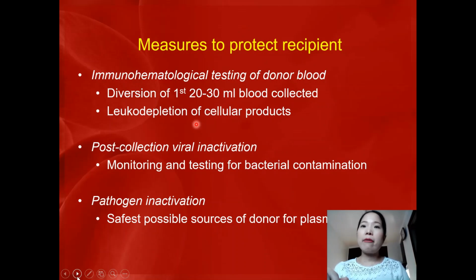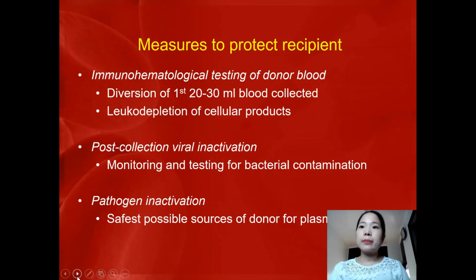And as we have mentioned, you can deplete or leukodeplete the cellular products in order to prevent RBC or bacterial contamination. You can also do post-collection viral inactivation and pathogen inactivation. So you monitor and test for any contamination, and you check of course these other viruses.